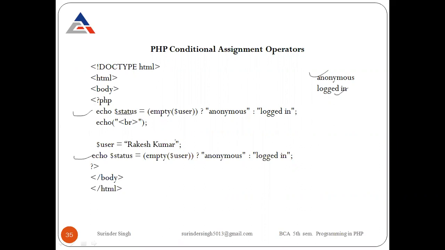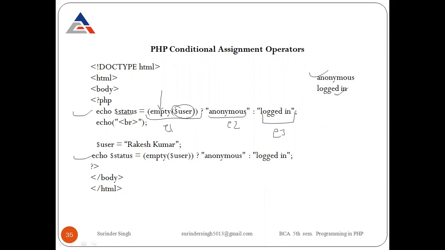In the first example, this is expression 1, this is expression 2, and this is expression 3. Now in this example we are using a library function, empty, and passing it the variable named user.